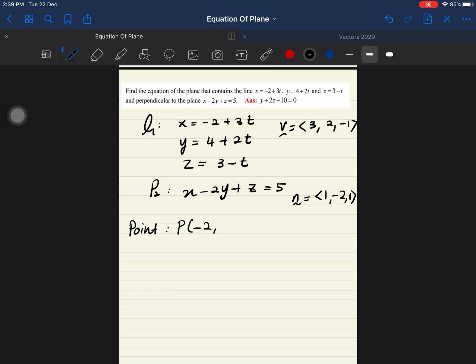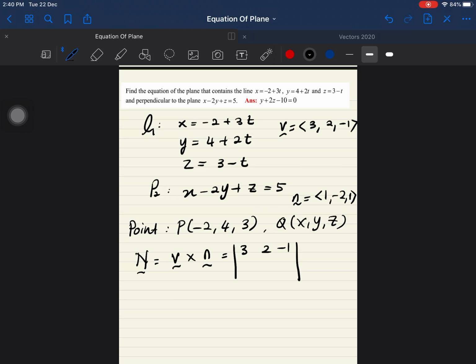So point awak, let's say saya labelkan P(negatif 2, 4, 3), mesti ada Q, kan? (x, y, z). So what is your normal vector? Saya gunakan N besar sebab dah ada n kat situ. So normal vector N is equals to the cross product between V cross n or n cross V. Mana je lah.